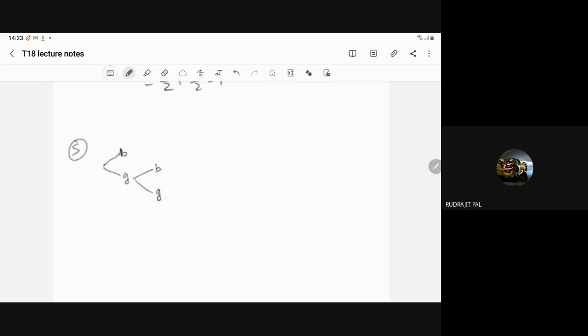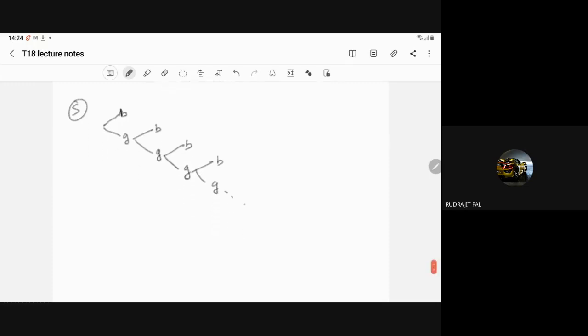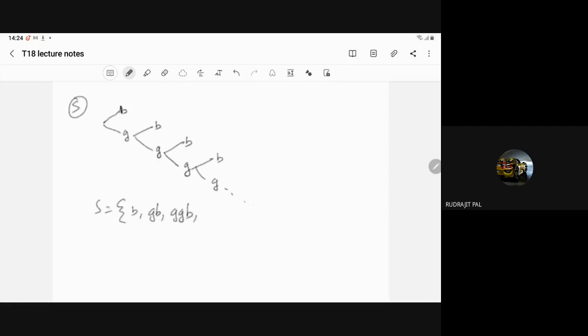If it is again a girl, then you wait for the next birth, and this process continues until a boy is born. So what is the sample space? The sample space may be boy; girl, boy; girl, girl, boy; and so on.